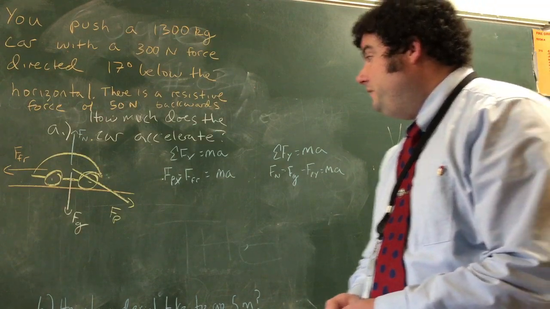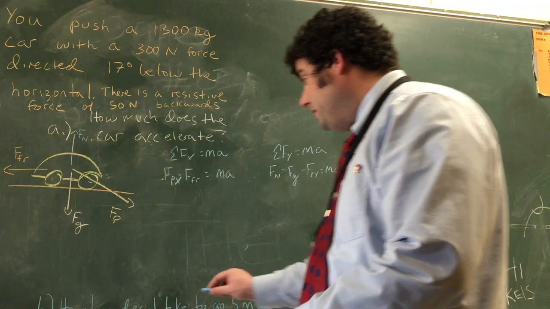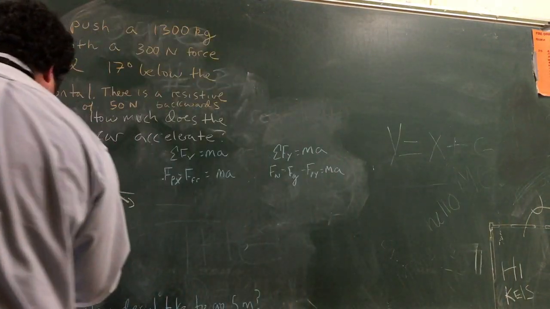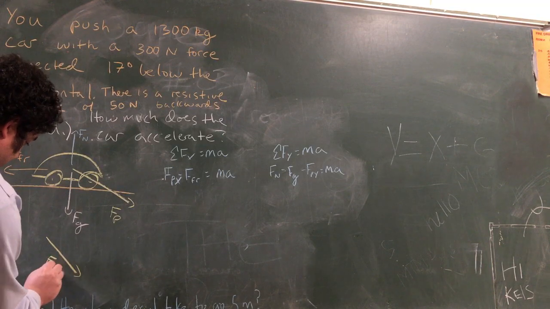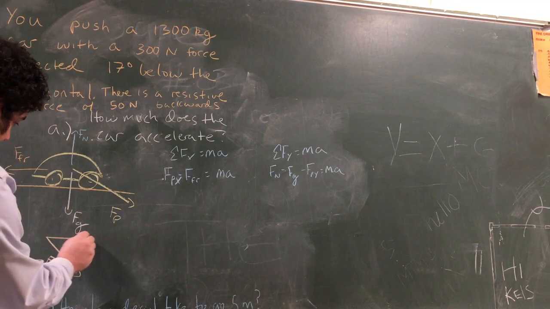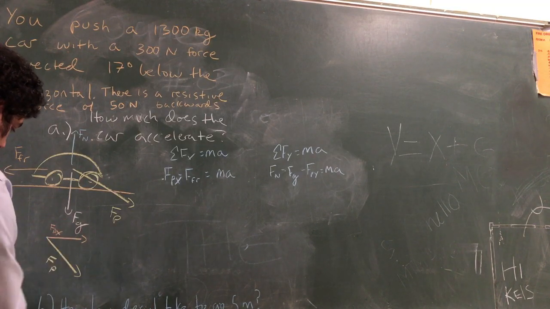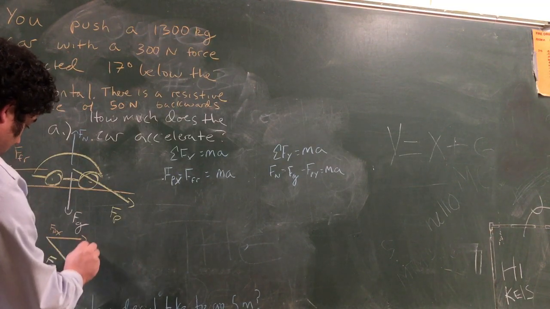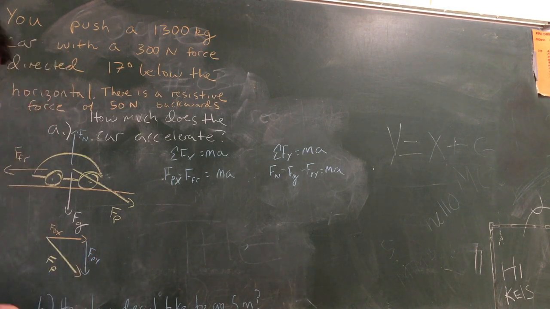The next step is any force that's not purely left, right, or purely up, down, we use trig to break it down. Obviously, that's just Fp. So we find the part that's left, right. We'll call that Fpx. The part that's up, down, that's Fpy.